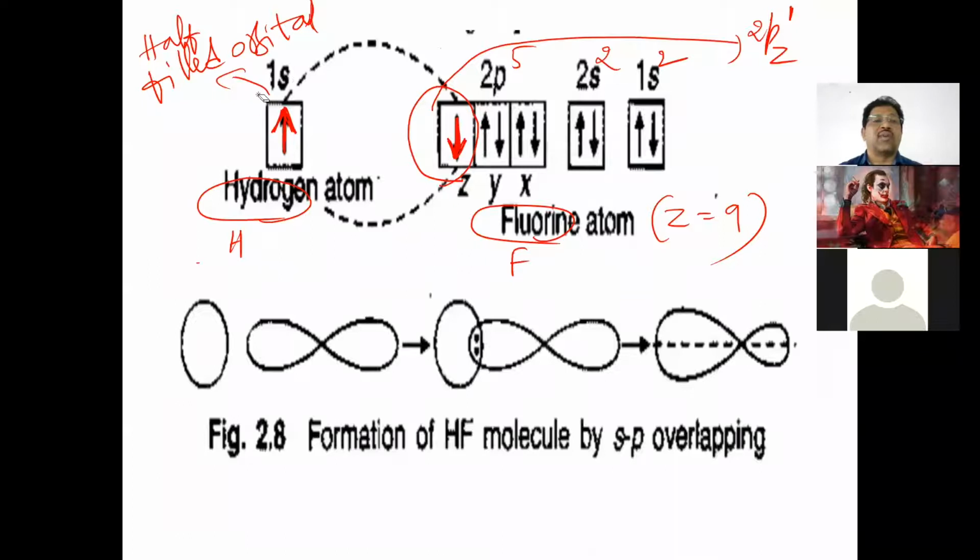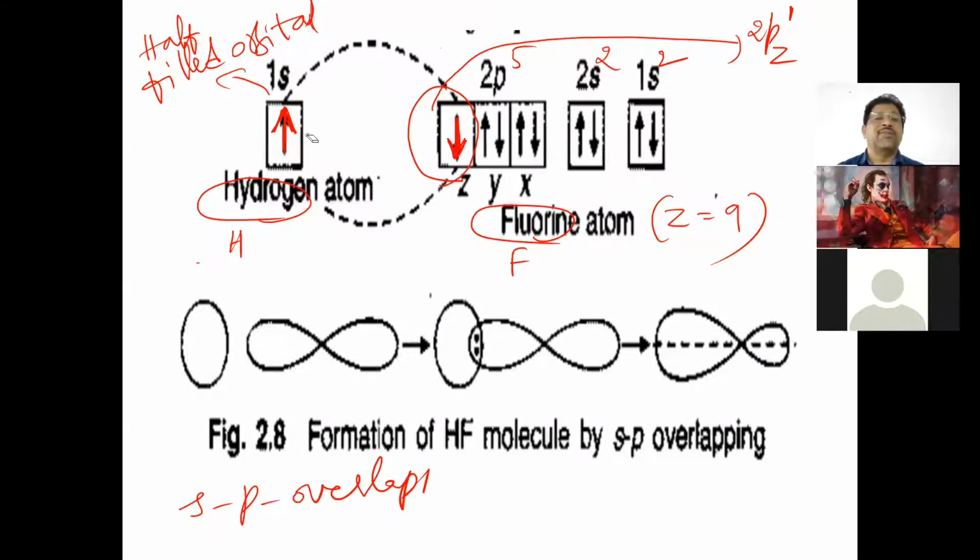Now the s orbital from the hydrogen atom and the p orbital from the fluorine atom: this type of overlapping we call sp overlapping. Why is it called sp overlapping? Because the overlap takes place between the 1s orbital of the hydrogen atom and the 2pz orbital of the fluorine atom.